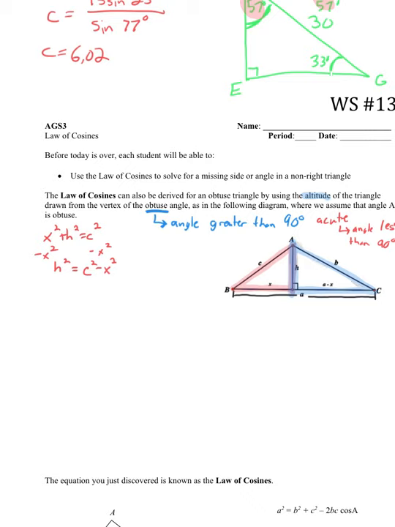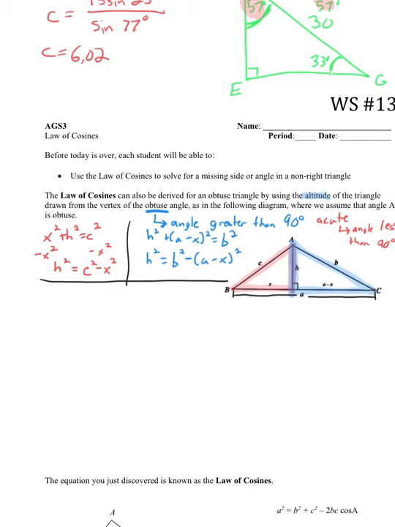Again, h is the shared side, so I can set up the equation and say h squared plus (a minus x) squared equals b squared. And then h squared equals b squared minus (a minus x) squared. That's how I would set this up. Those are my two equations.